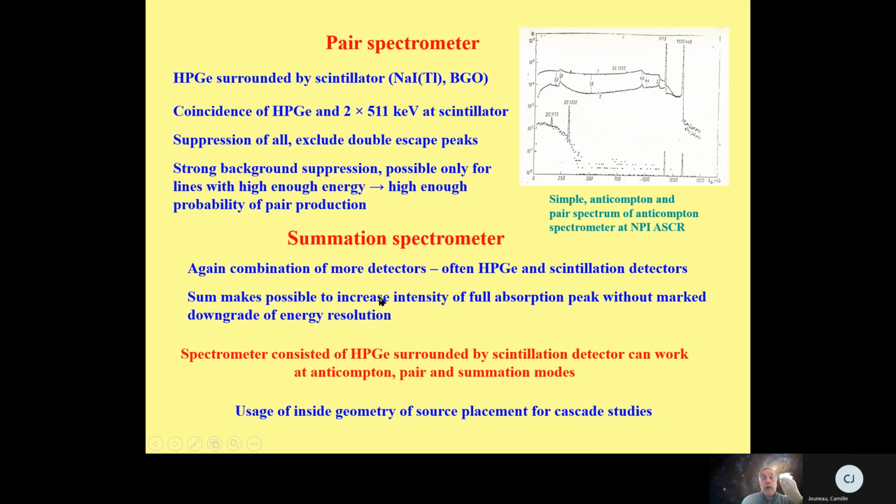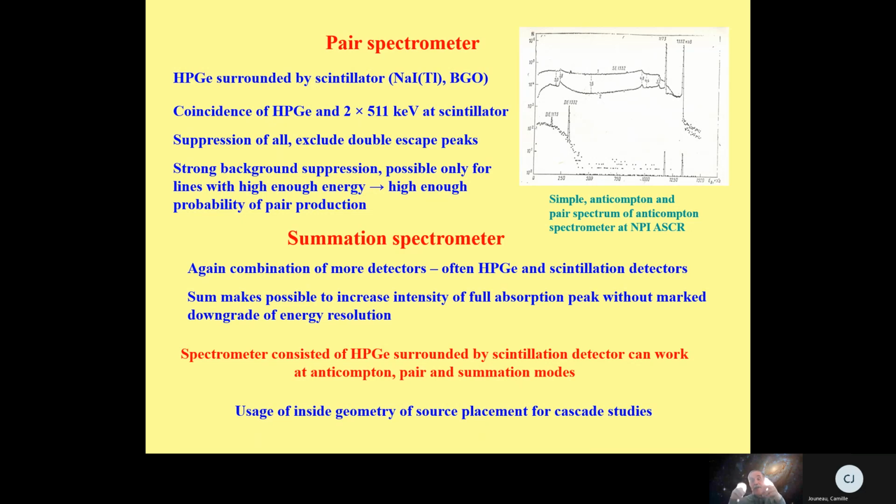We will sum the energy which is detected in the semiconductor detector and these scintillation detectors. This is fine for this reason. The part which is detected in the semiconductor detector has very nice energy resolution. That means the energy is derived nicely.